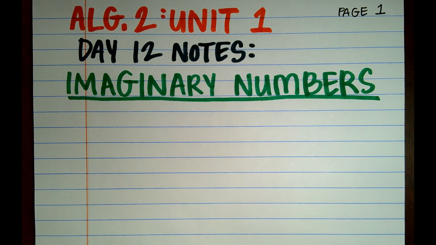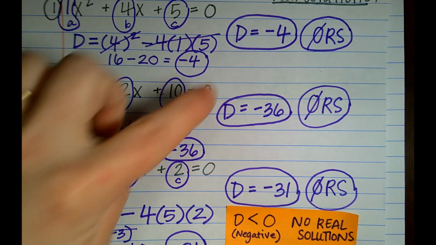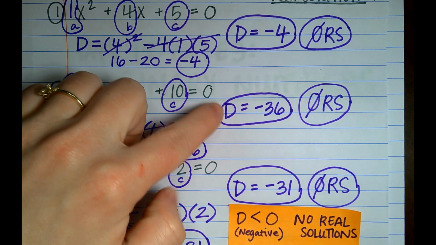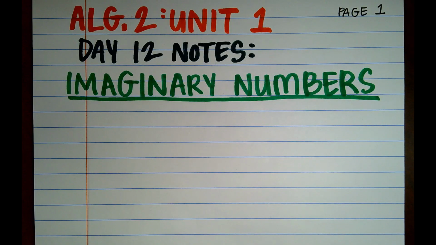So in most of the problems that we've been solving that are quadratic equations, we end up with either one answer or two answers, and our discriminant is usually always positive. The number that ends up under the square root is a positive number. But we're going to talk now about what happens when we get answers like these. We get negative answers for the discriminant, and that's going to end up giving us imaginary numbers.